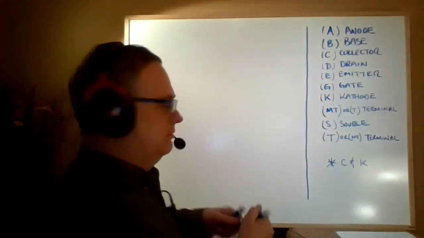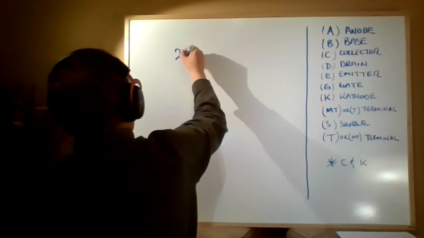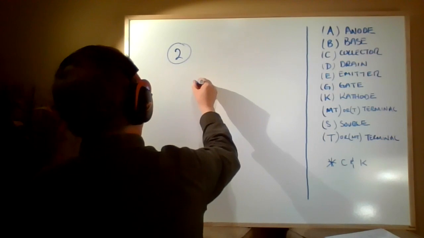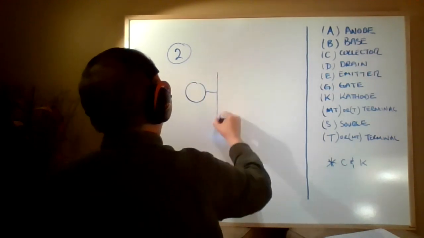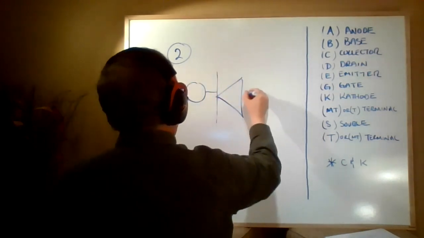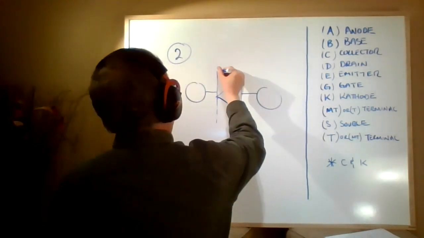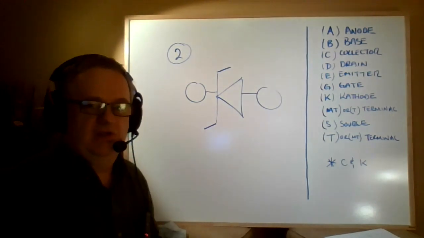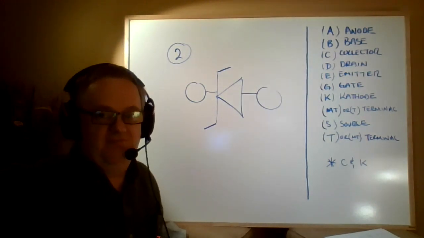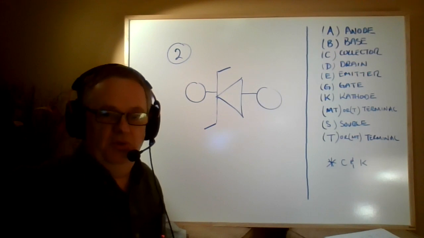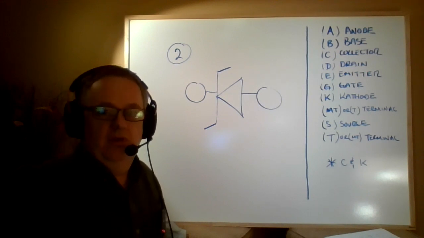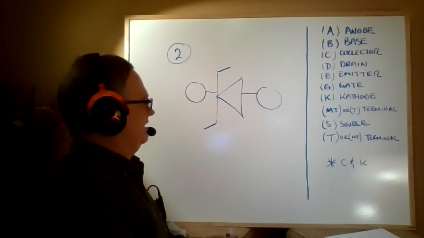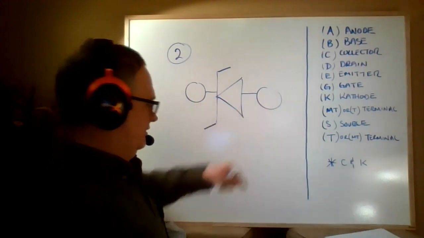Number 2 looks like this. Okay, there's number 2. So what you need to do is find the name for the component that is shown by that symbol, and place the letters into the circles to indicate what the leads are called, okay?